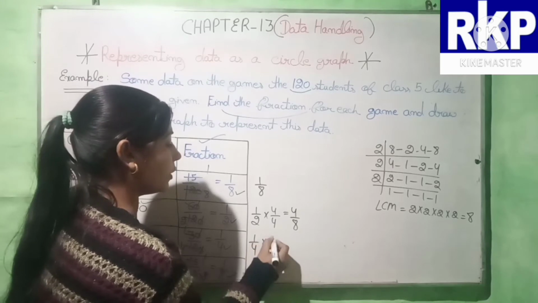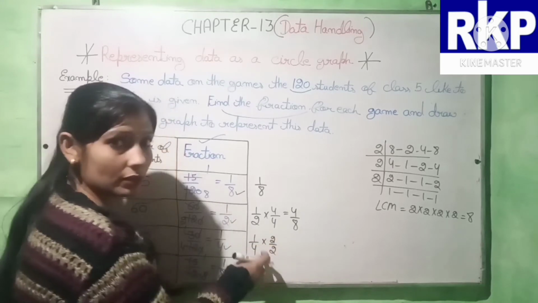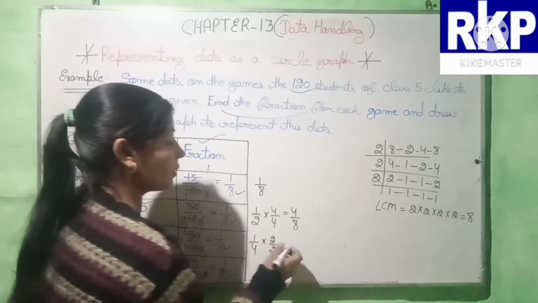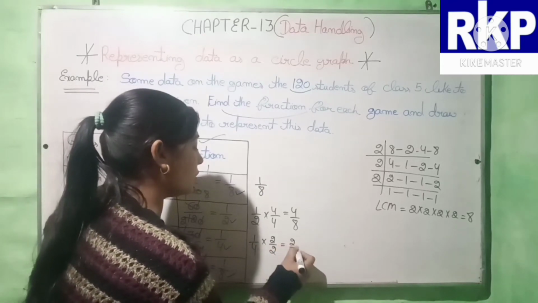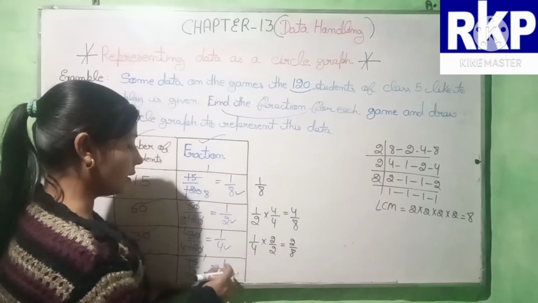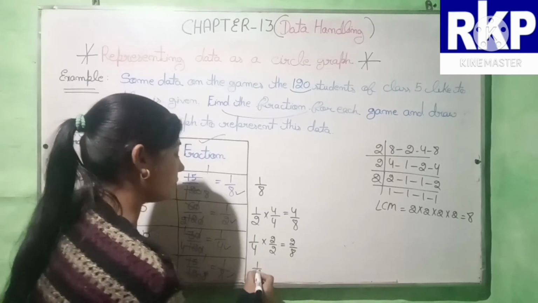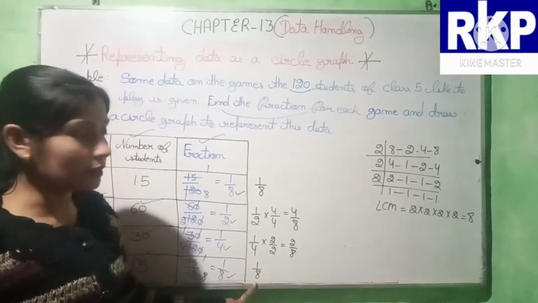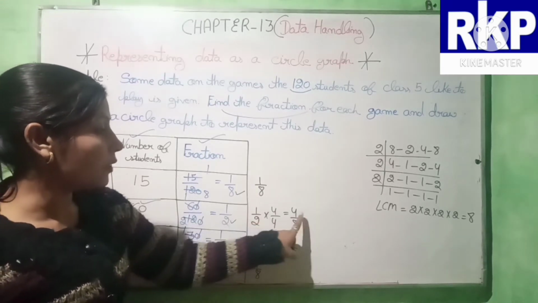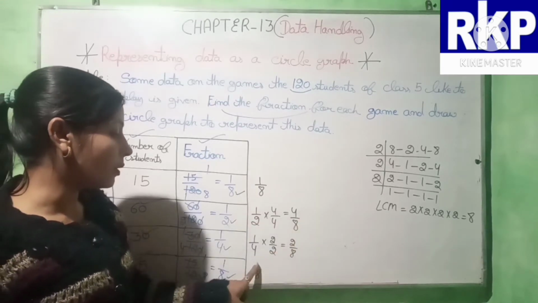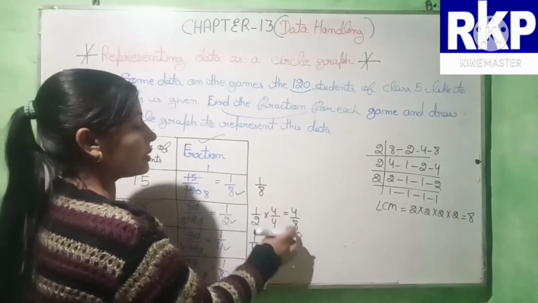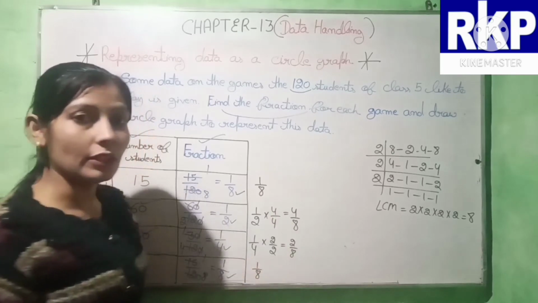Here we need to multiply numerator and denominator with 2. 2 times 1 is 2, 2 times 4 is 8, and last is 1 by 8. Here also it is already 8. So now we have 1 by 8, 4 by 8, 2 by 8 and 1 by 8, and you can see all have 8 as a denominator.